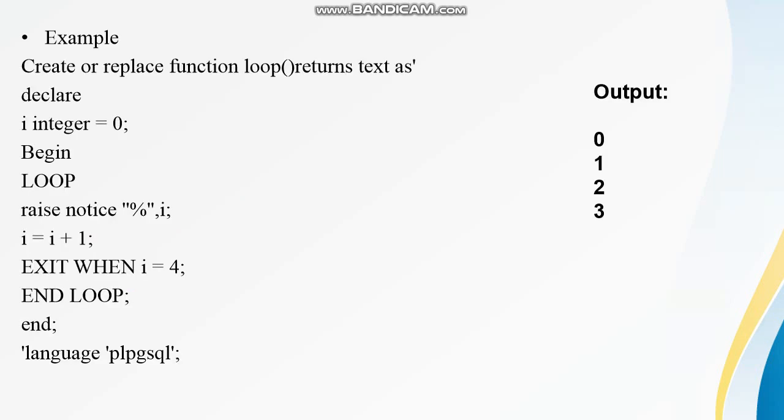Let's see the example. You have to remember that the basic loop starts with the keyword LOOP and ends with END LOOP, and there must be an EXIT or RETURN statement to terminate the loop. Here you can see CREATE OR REPLACE FUNCTION, the name is given as loop, RETURNS text AS, DECLARE, a variable i is declared as integer and initialized with the value 0.